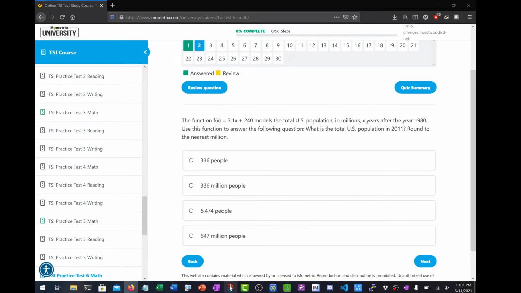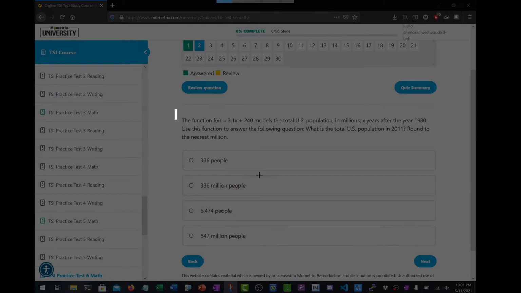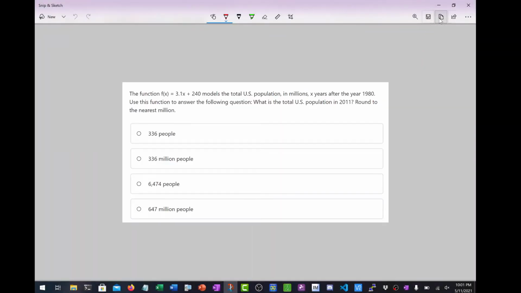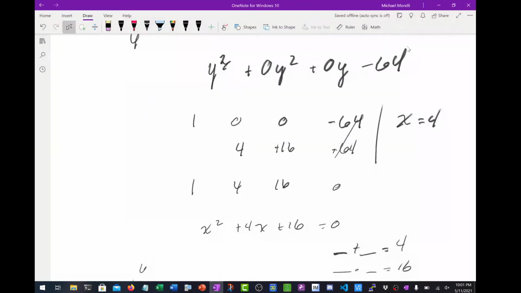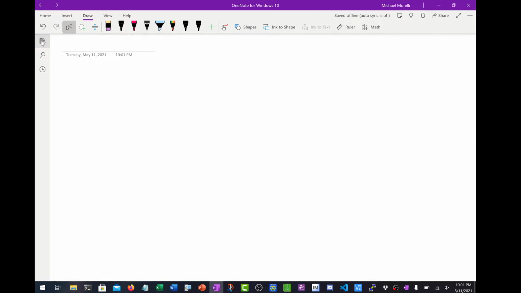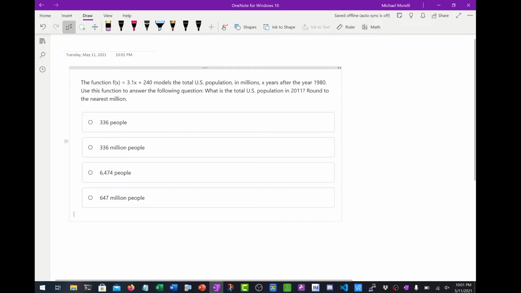Okay, let's screen clip this because we're going to need to work with this problem. Let me grab that and let's open up a new notebook and paste this in.